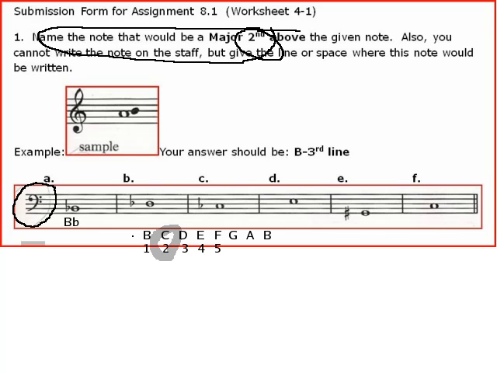And I'm going to find here, hold on 1 second while I find this. On page, I believe it's 129 in your textbook, but let me make sure. Yeah, on page 129 in your textbook is a whole list of all different kinds of intervals.